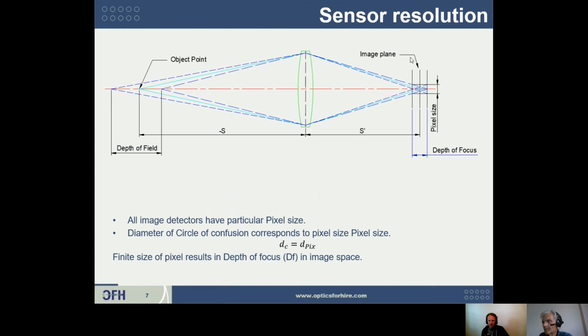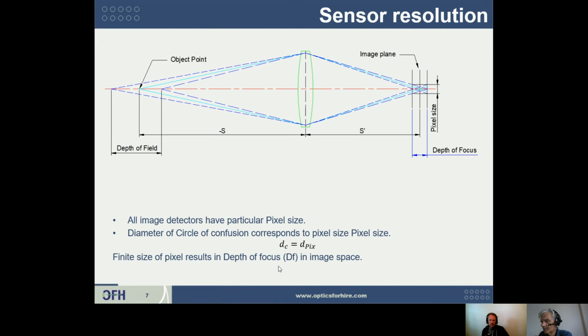All right. So this is your final explanation, the final detail about sensor resolution and how that impacts it. So we have here pixel size. And this pixel size to me looks like it's similar to the size of the circle of confusion. And the diameter of the circle of confusion equals the pixel size.